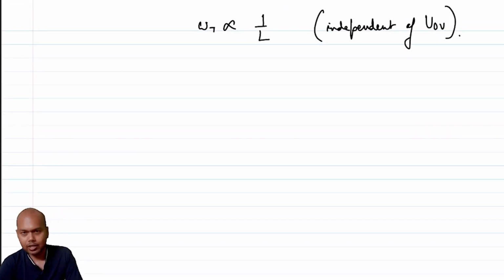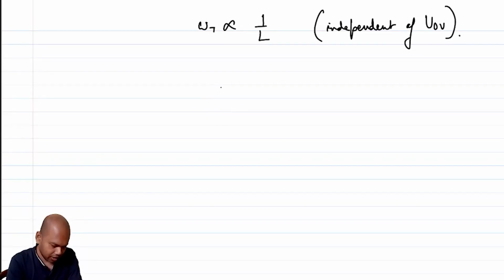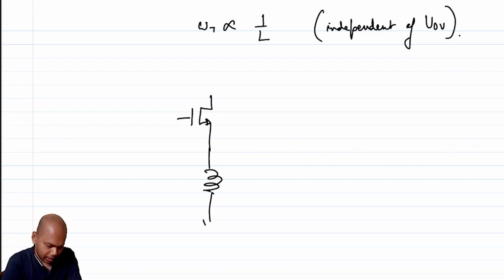So before we end today's lecture, I would like to point to something else as well. If you recall, in the last lecture we talked about what if I take the common gate configuration and bias it in the source with an inductor, right? Then we ensured that the gate and the source are tied together. So what happens if the gate and the source are tied together?